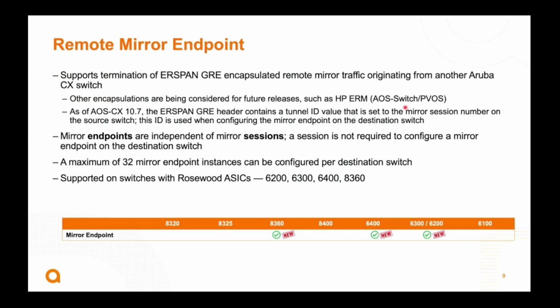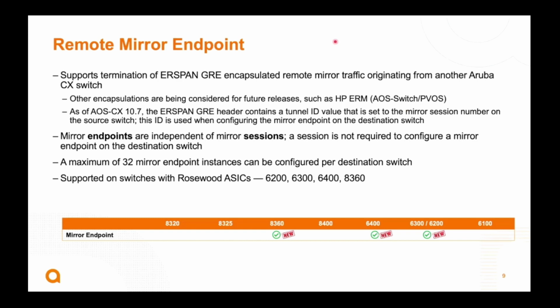But as of 10.7, we support ERSPAN GRE encapsulation for this particular feature for decapsulating mirrored packets from a source switch. So this feature specifically requires AOS-CX 10.7 on both ends of the tunnel.